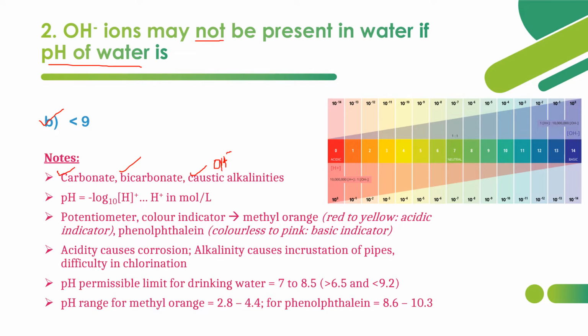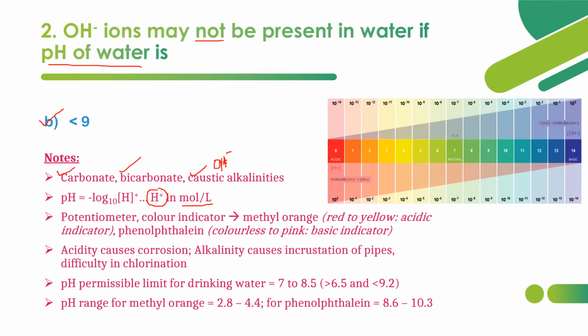Bicarbonate is HCO3 minus and carbonate is CO3 2 minus. And pH is found by using this formula: pH is equal to minus log base 10 of the hydrogen ion concentration. The hydrogen ion concentration has to be in mole per liter, not in milligram per liter or anything else.